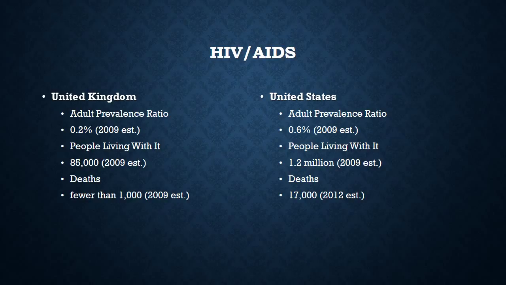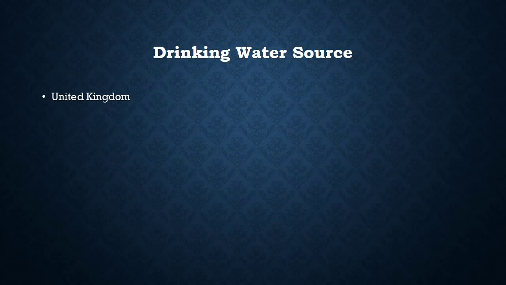For HIV or AIDS, the United Kingdom's adult prevalence ratio is 0.2%, while the United States has a bigger amount, which is equivalent to 0.6%. For the people living with it, the United Kingdom has approximately 85,000 individuals, while the United States has 1.2 million individuals.